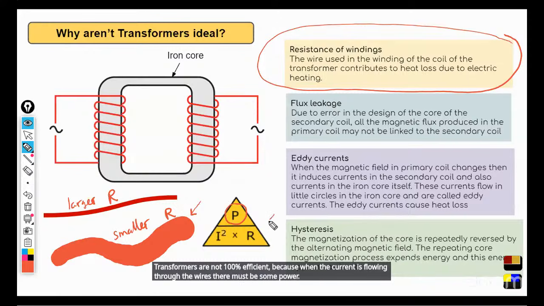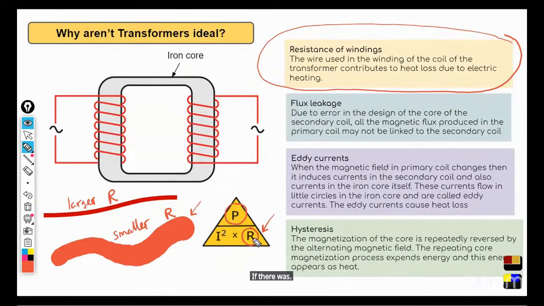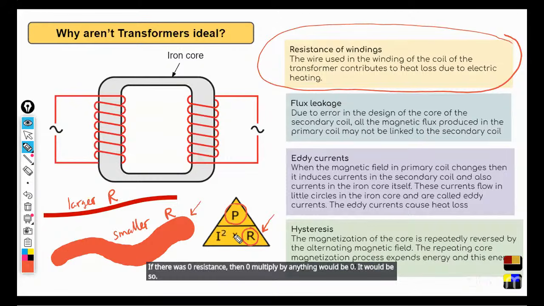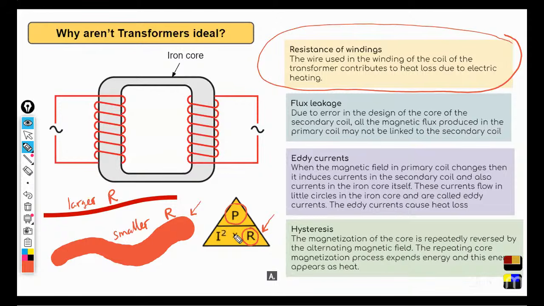Now, someone asks, is there any wire in the world with zero resistance? Because if there was zero resistance, then zero multiplied by anything would be zero. It would be so nice to have a perfect piece of wire with zero resistance. Zero resistance means zero power loss.